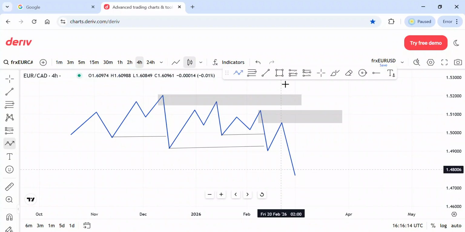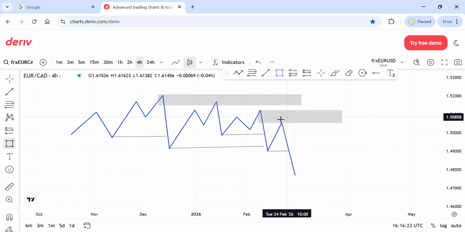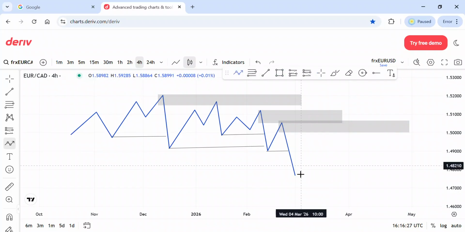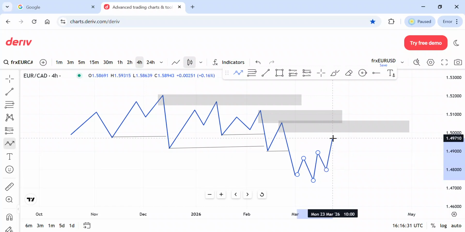Let's assume that we already have a breakout here too. So we should be having an order block here too. Okay, so let's now say the market does something like this again.